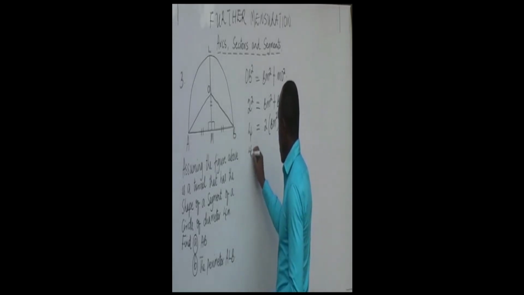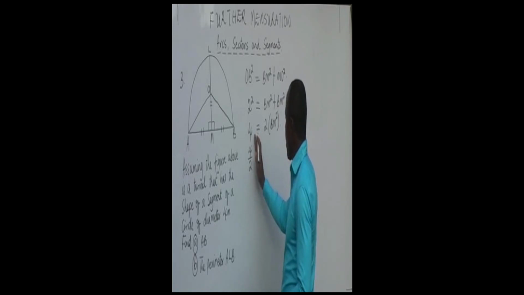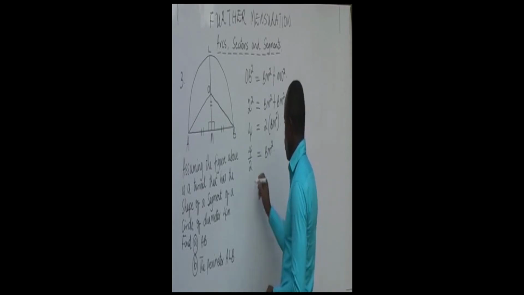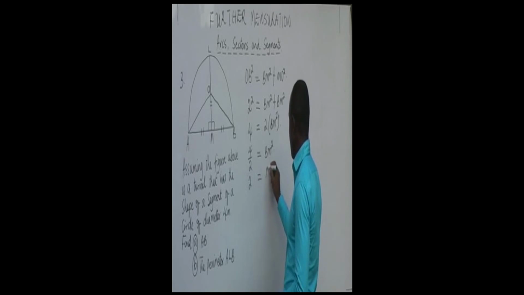Mathematically, if we divide both sides of the equation by 2 to eliminate the 2 in front of BM squared, 4 divided by 2 is 2, and that is now equal to BM squared.